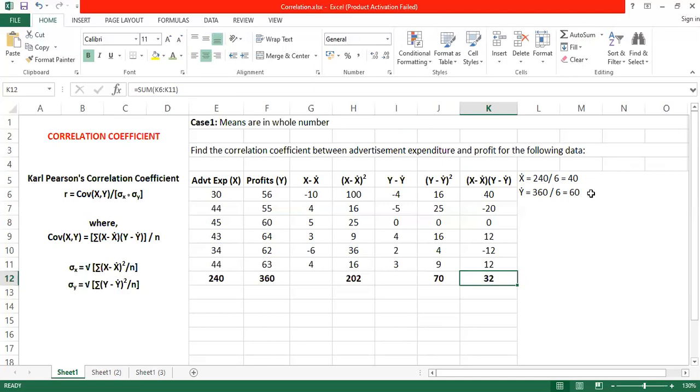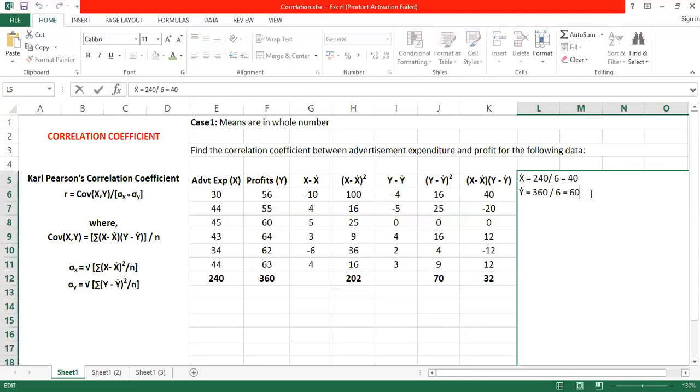Now, let us start solving. See, we know R equals covariance of xy divided by sigma x and sigma y. So let us first calculate covariance of xy.